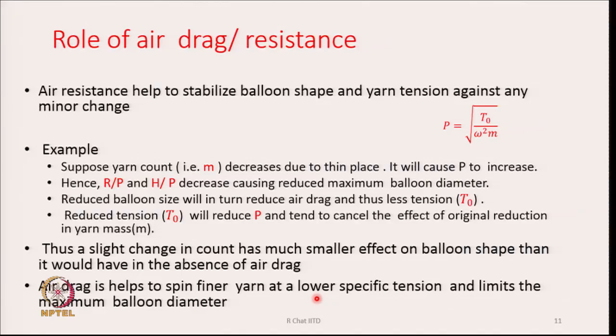That value is the minimum tension that you need to produce a yarn without encountering the possibility of balloon collapse. If we go for different counts and find out the specific tension required, you will see that in the case of finer yarn, we will be able to spin it at lower specific tensions, and in a way that helps, because finer yarns are also weaker.